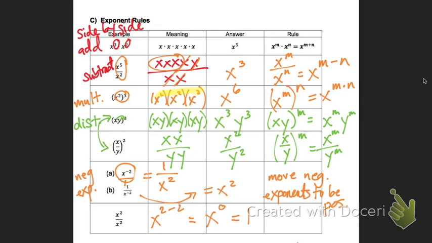So I'm going to write this as 0 power. Anything with the exponent of 0 is always 1. Anything with 0 exponent equals 1. So that could be 155,000 to the 0 power equals 1.